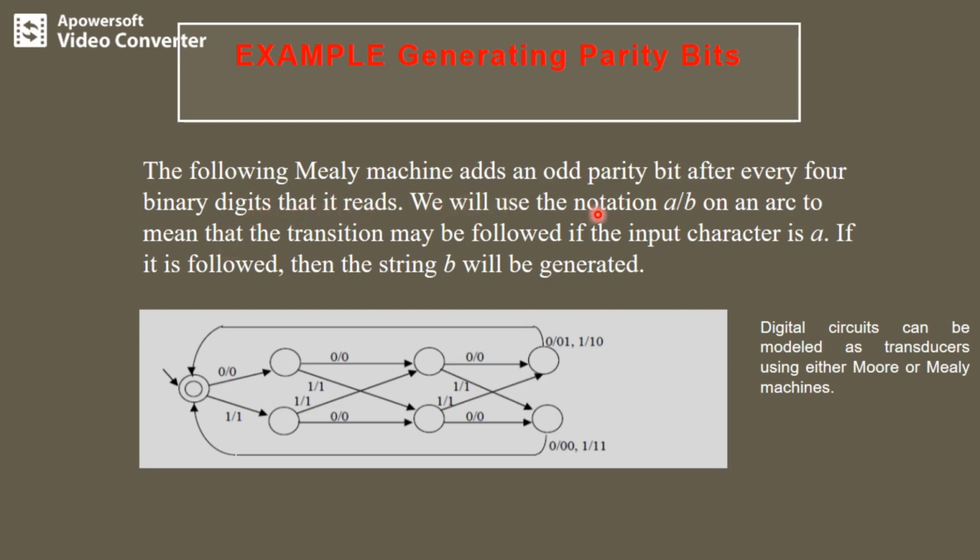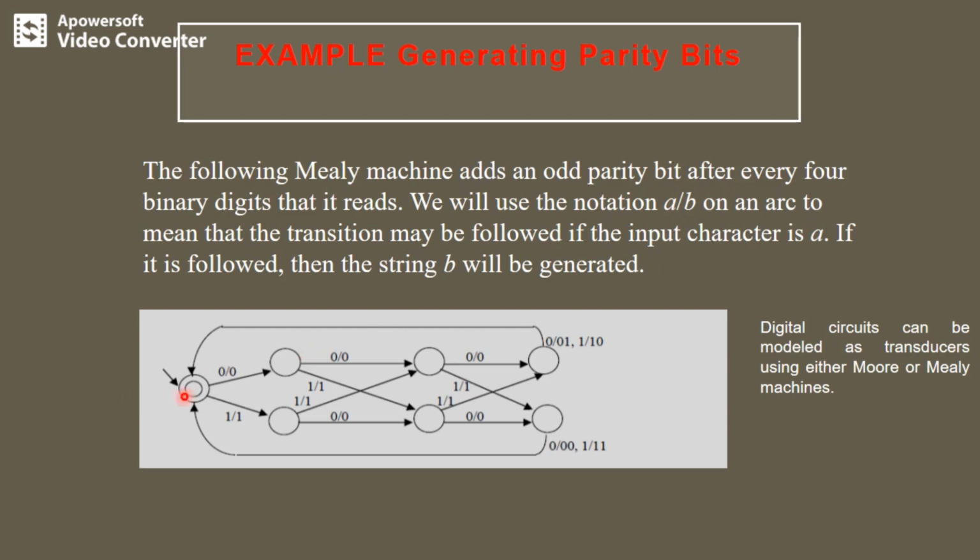We will use the notation A bar B on an arc to mean that the transition may be followed if the input character is A. If it is followed, then the string it's going to generate will be B. So this is a notation we are using, A bar B, on every transition. Whenever it reads the input character A, the string B will be generated.